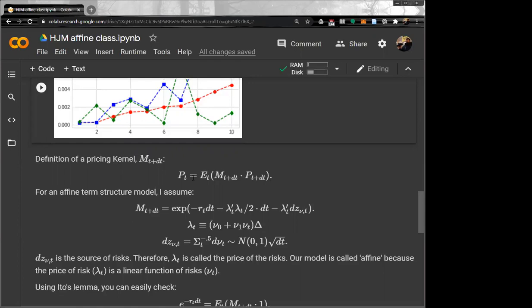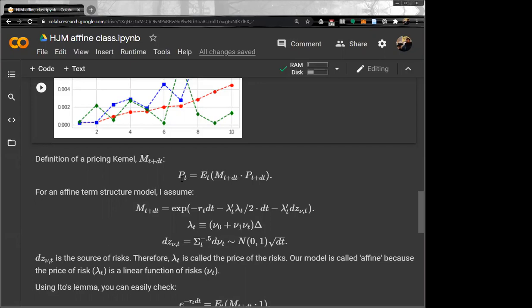Discounted cash flow, comparable firms. They all give you a fair price of some project. But in general, in finance, everything boils down to this pricing kernel. Suppose we have tomorrow's cash flow, P at T plus DT, which is possibly uncertain. So we only know the distribution of P at T plus DT, multiply by the pricing kernel, another random variable, and take the expectation. Then that is today's price.